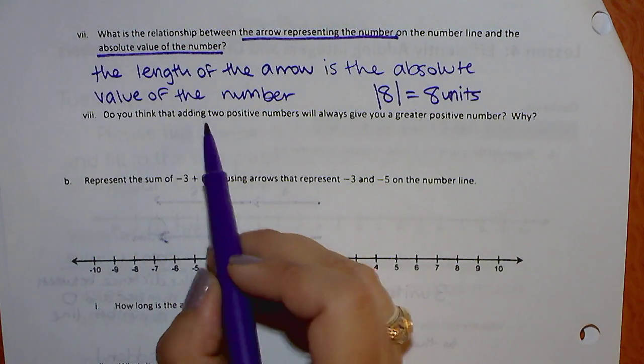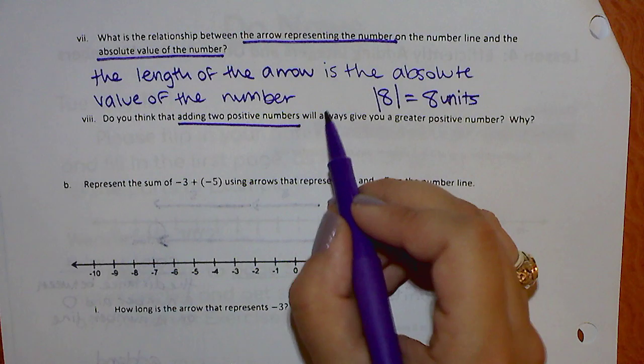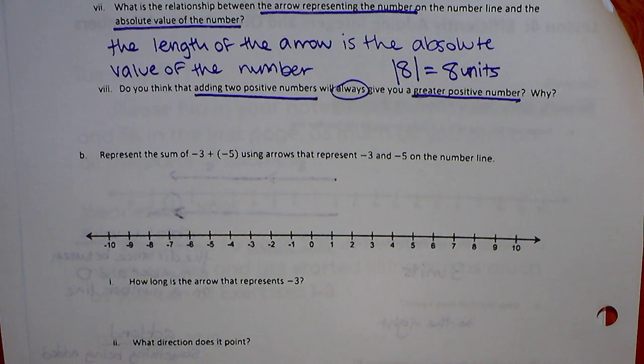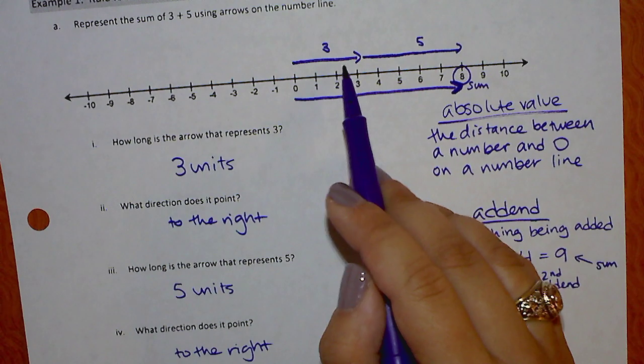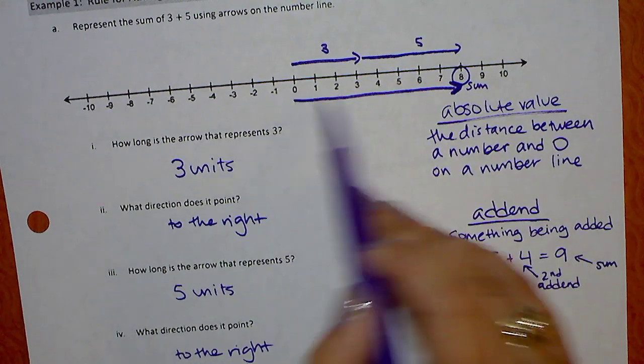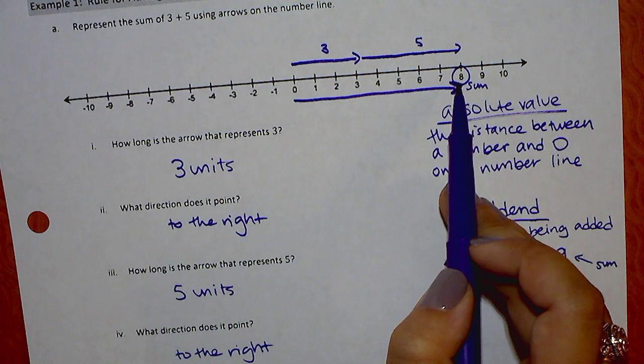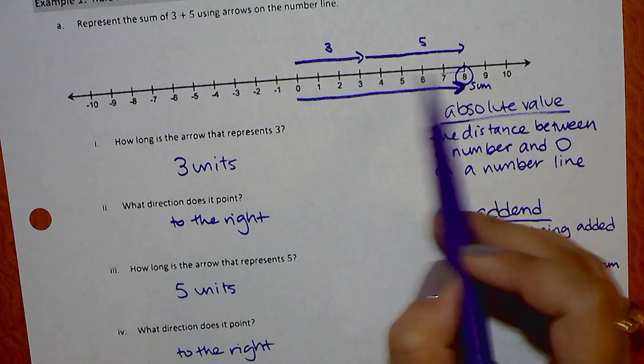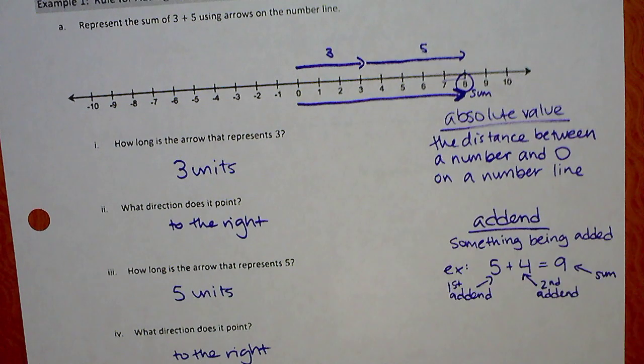Do you think that adding two positive numbers will always give you a greater positive number? Why? Let's look again back at our picture. We added a positive number and another positive number, so we got an even bigger positive number as our sum. If I add two positive numbers, will I always get a greater positive number?